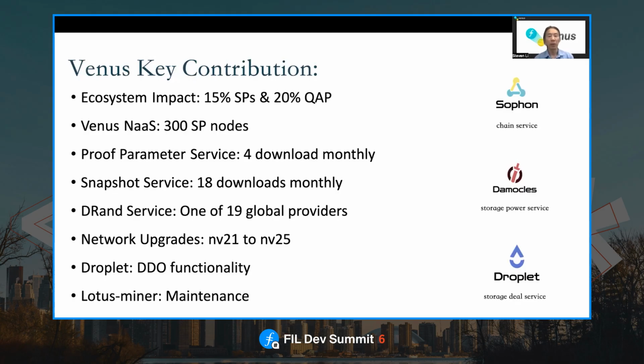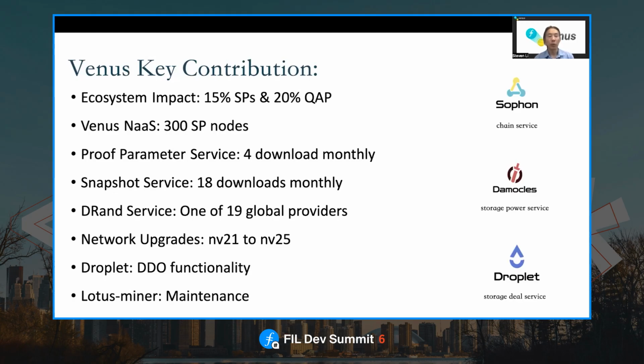The Proof Parameter Service enabled about 4 downloads per month, and the snapshot service provides an average of 18 downloads monthly and an extra 132 snapshots during network upgrades.